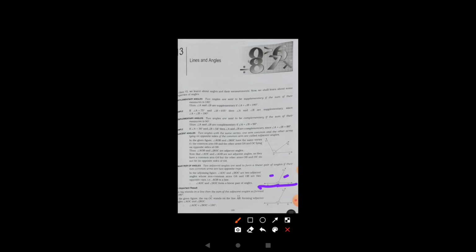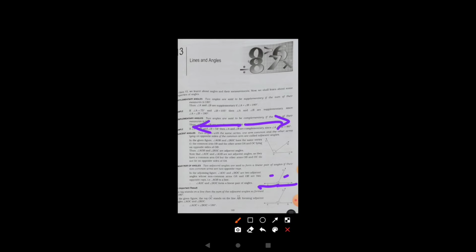One is going in this direction, the other is going in the opposite direction. That's why it is written here that these are opposite rays.